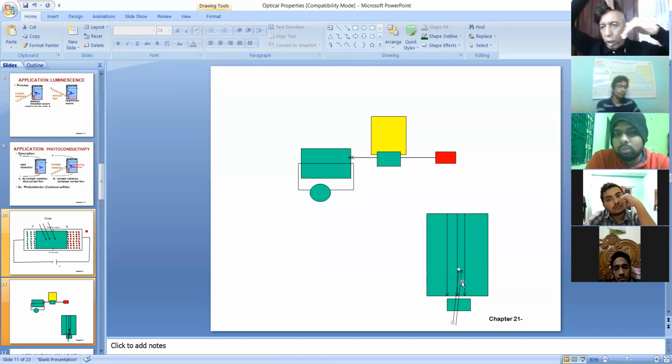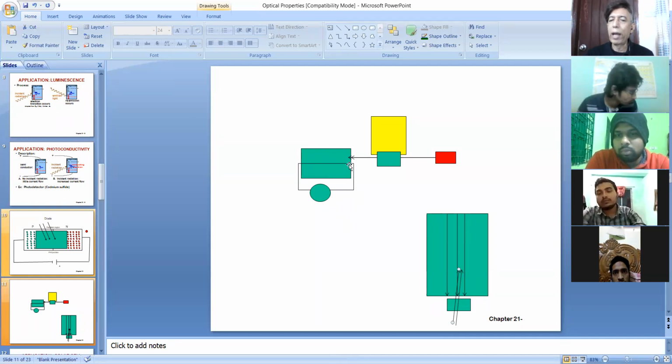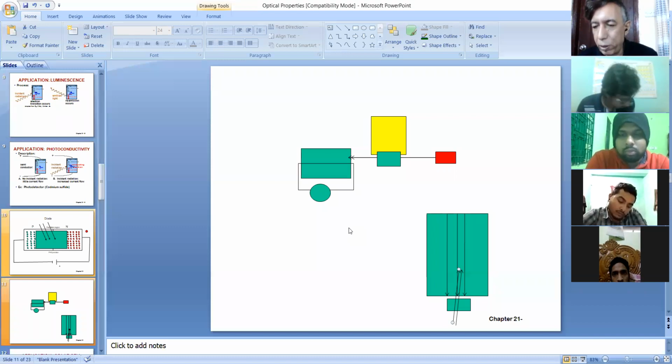So you are obstructing the infrared ray. When you are obstructing it, then current is not flowing here, and you will find a blip. You will find the alarm.